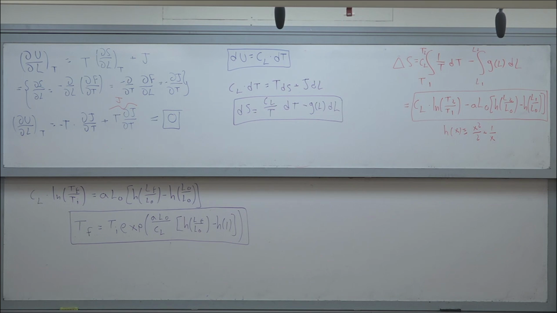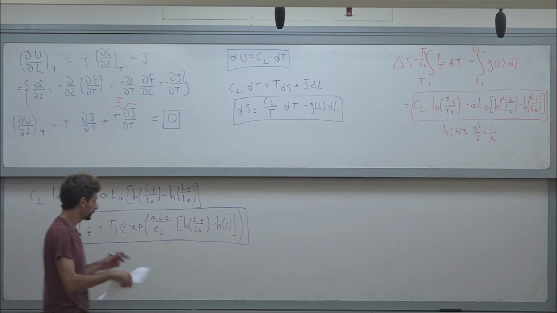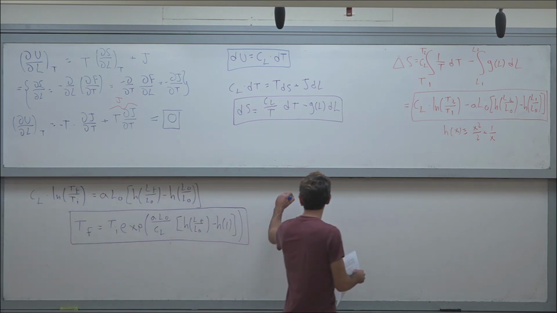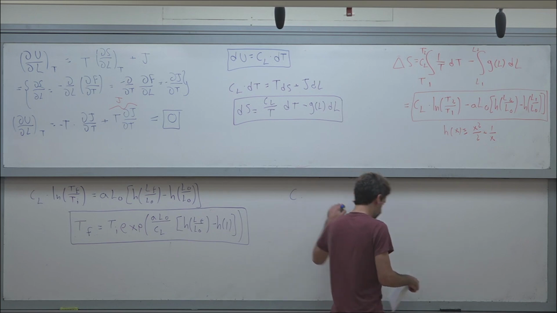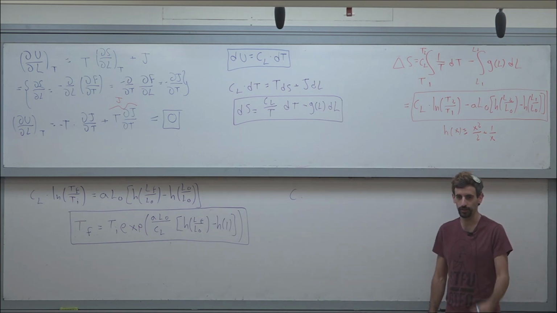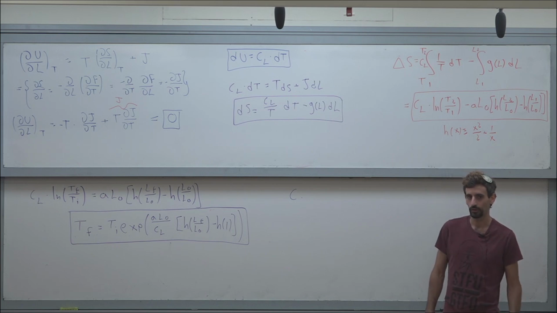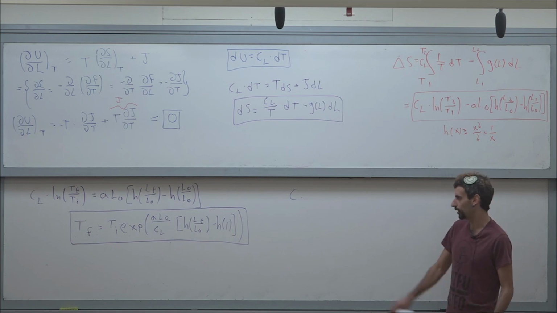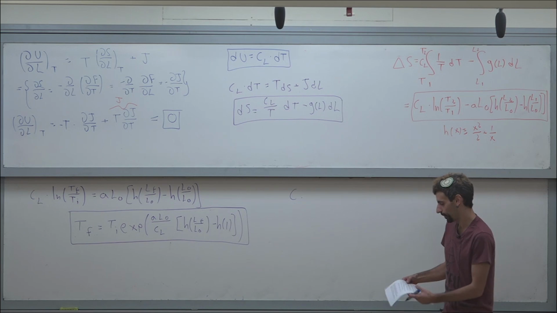So this is nice, but what is equivalent to what you're going to do in your homework is the last section. So we started by finding the equation of state. We found how the tension depends on the temperature and on the length. We then found the final temperature.